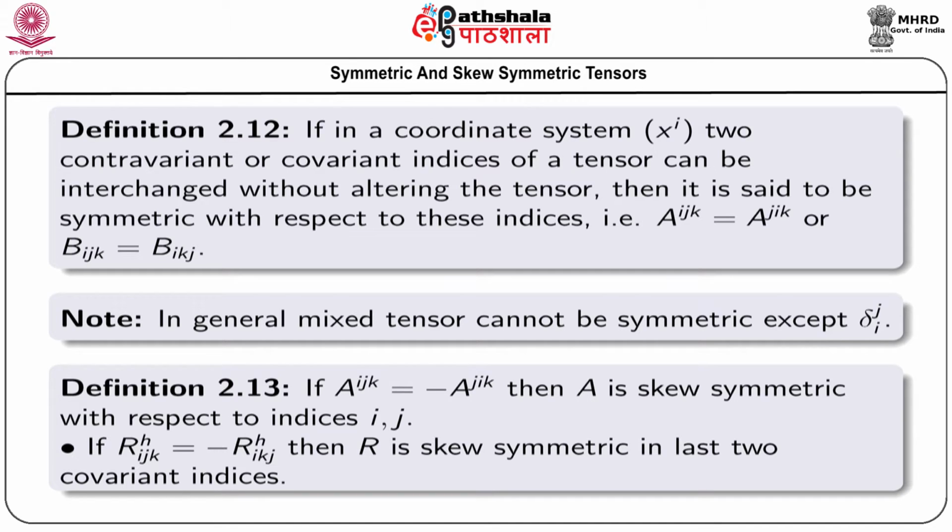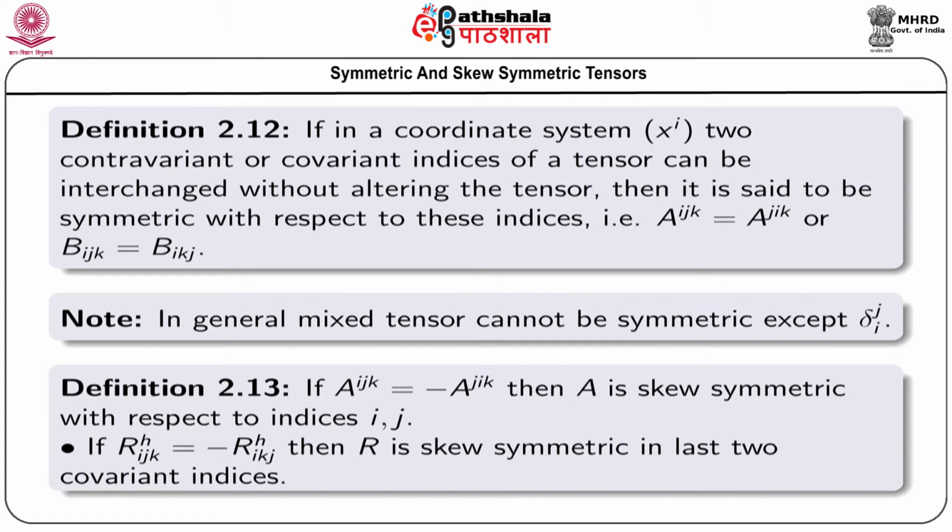Suppose Aijk are the components of a contravariant tensor of type 3 0, and if Aijk equals minus Ajik, then A is called skew symmetric with respect to indices i and j.